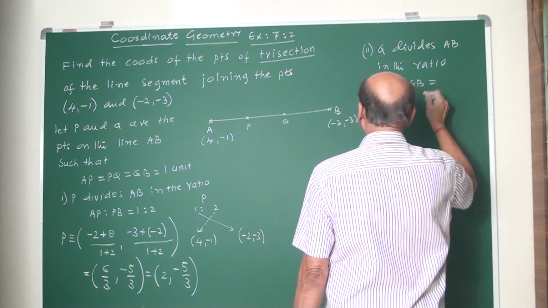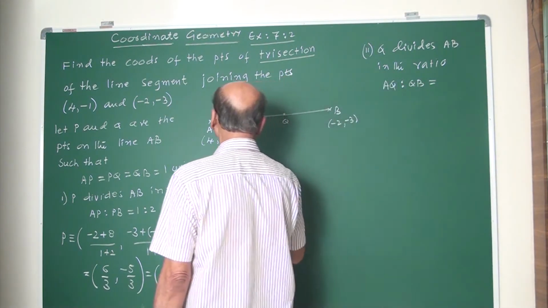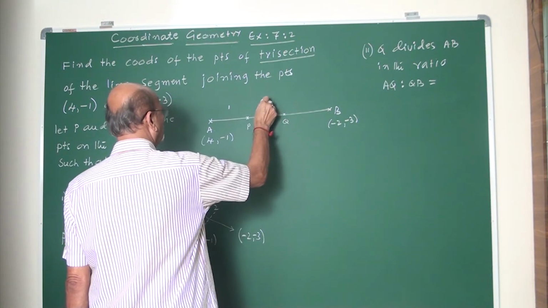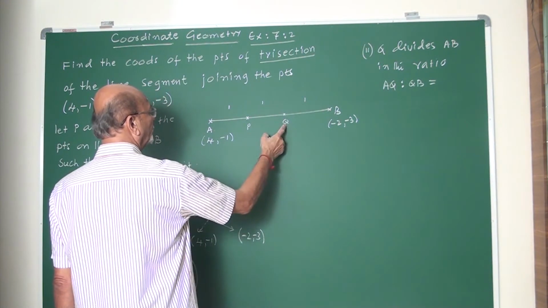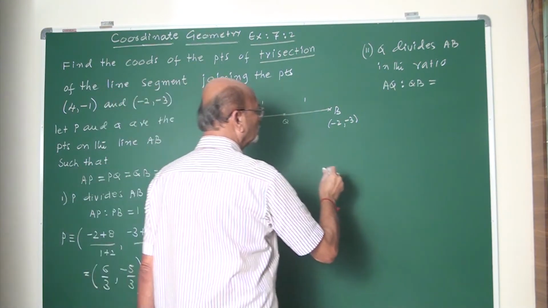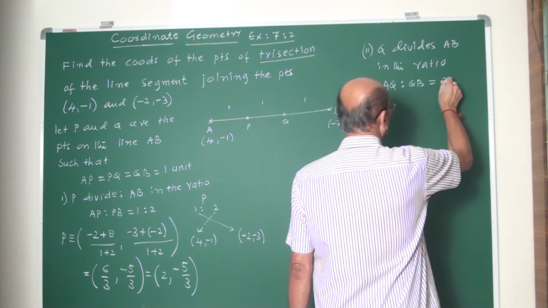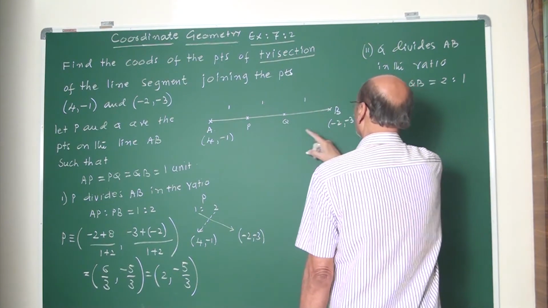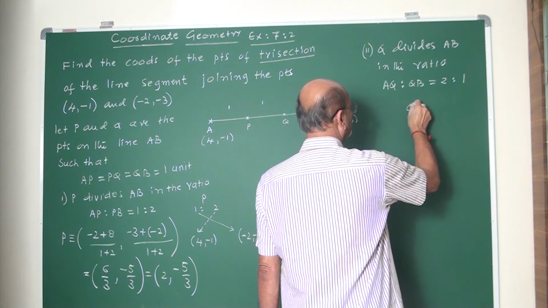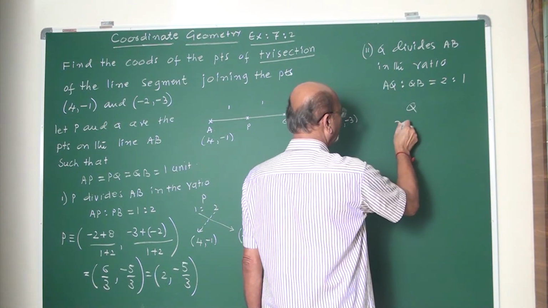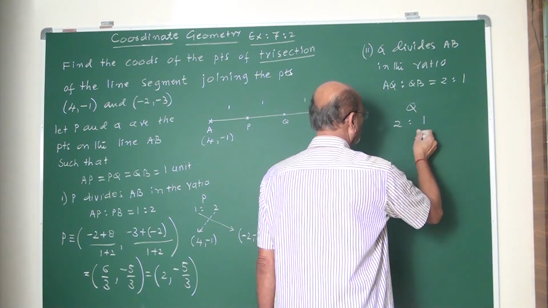What is AQ? These parts are 1, 1, 1, all equal. AQ means 1 plus 1, 2. QB is 1. Just like previous, it is your point Q. Write the ratio 2 is to 1.